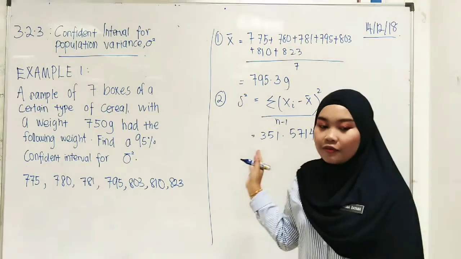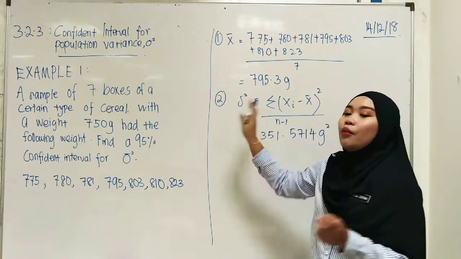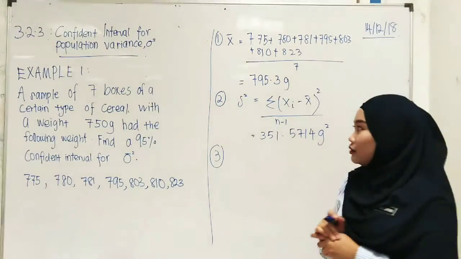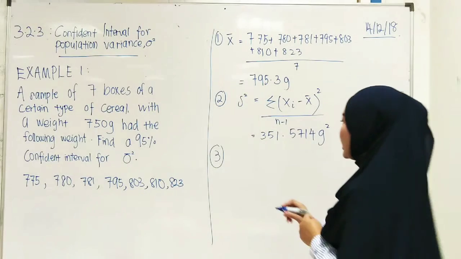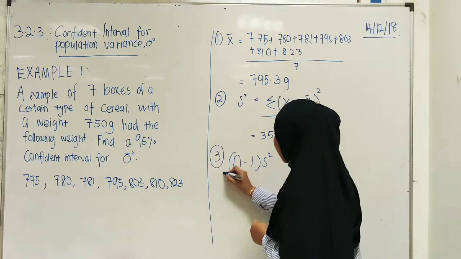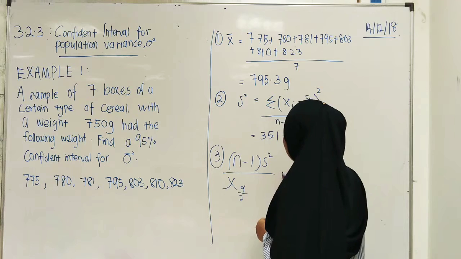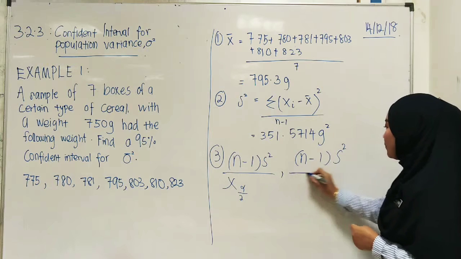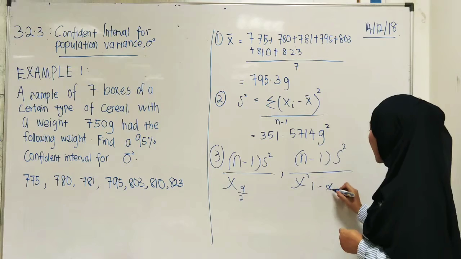After we find the mean and the sample variance, we have to find the confidence interval for the population variance. The formula that we use is n minus 1 S squared divided by chi-squared alpha over 2, and n minus 1 S squared divided by chi-squared 1 minus alpha over 2.